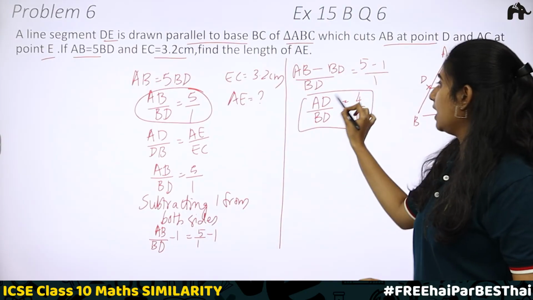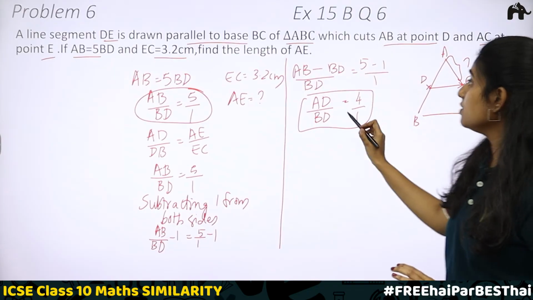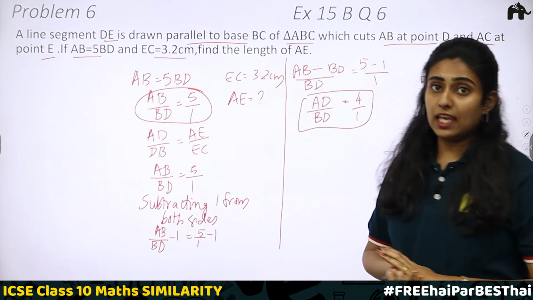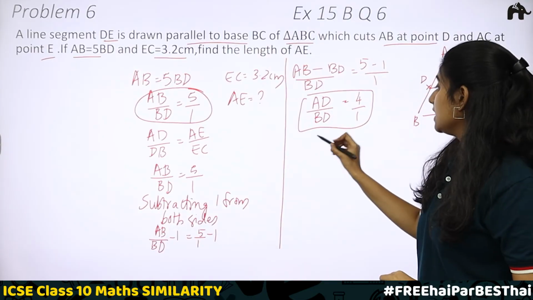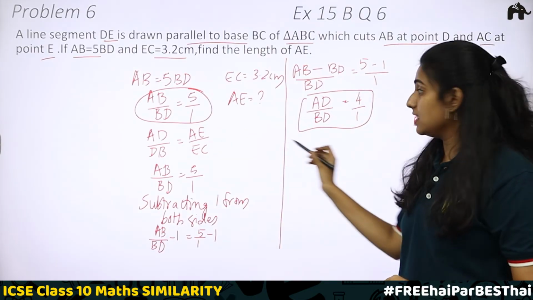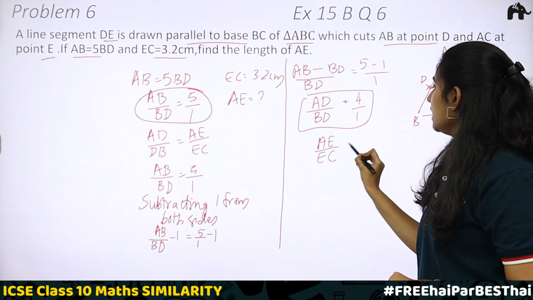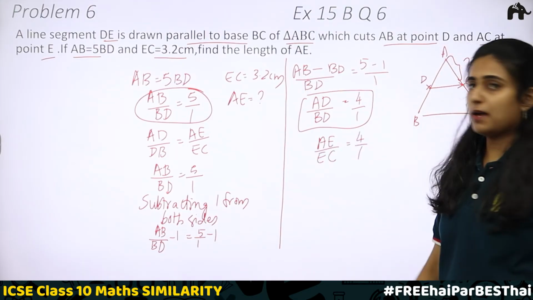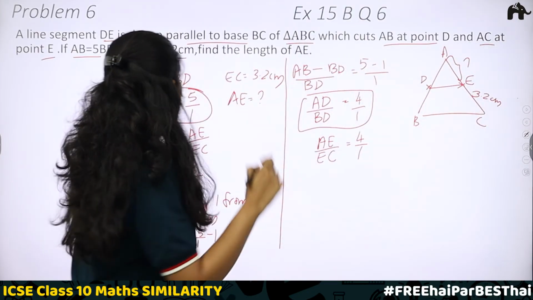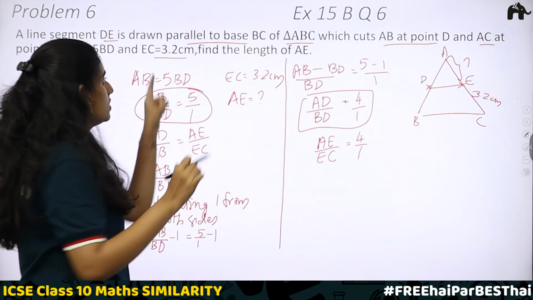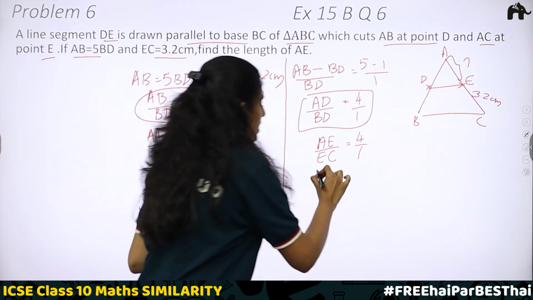We got the ratio AD by BD. What do we need to find? We need to find the length of AE. We have AD by BD is equal to AE by EC. Therefore, AE by EC is equal to 4 divided by 1. We have the value of EC, which is 3.2 centimeter, so we can easily find AE.